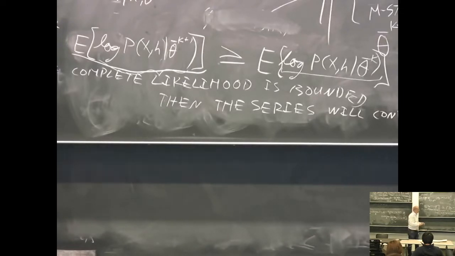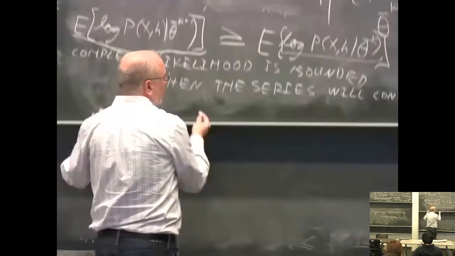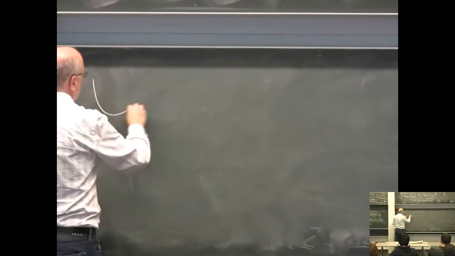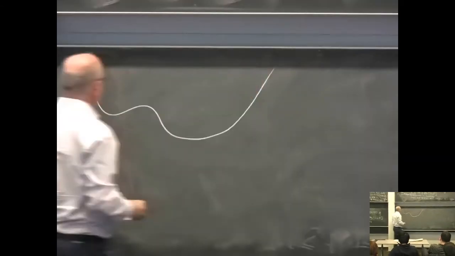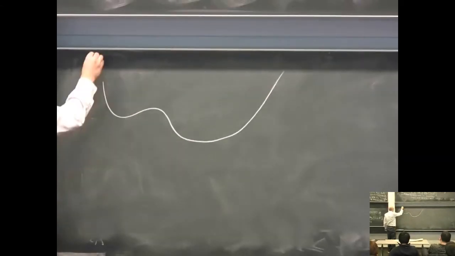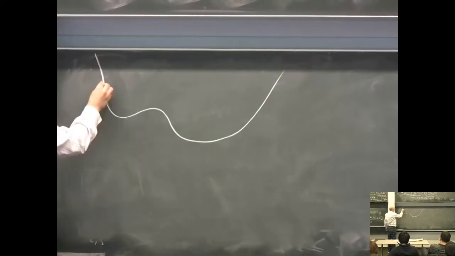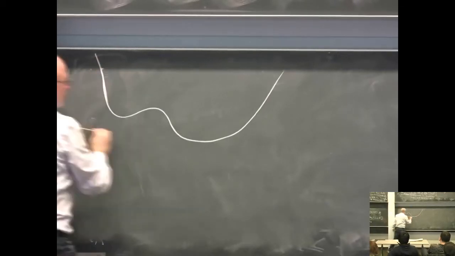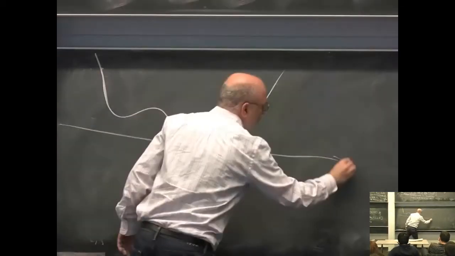One way to see it is gradient descent. Now let's look at gradient descent in one dimension. If you started here, this is one dimension, x, and this is the likelihood.